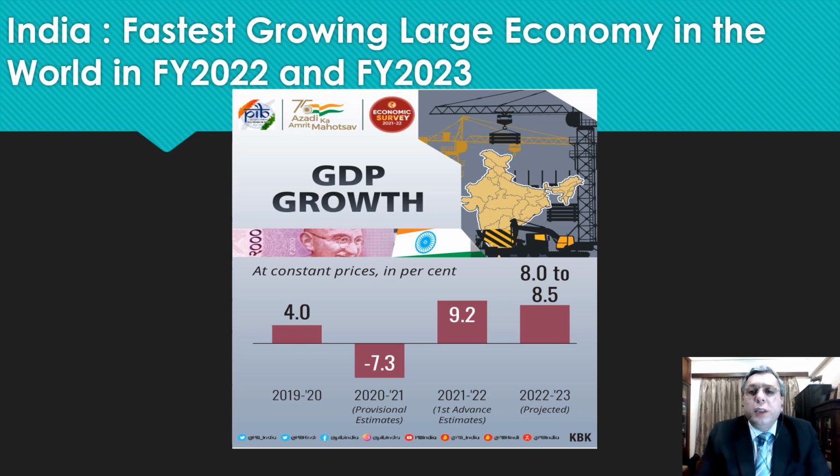So the first is the overall GDP outlook. From a 4% growth in financial year 2020, we saw a negative growth at the height of the COVID because of the complete shutdown of the economy in March 2020 and the deep impact the COVID had in that financial year. We had a negative print for the Indian economy.